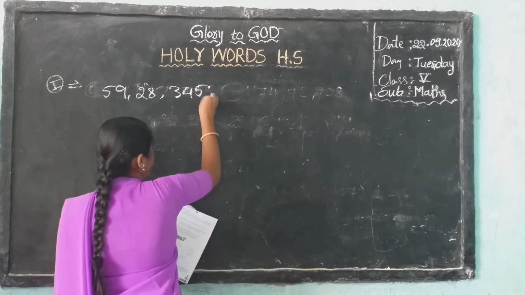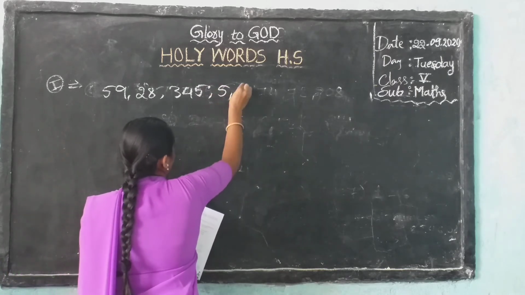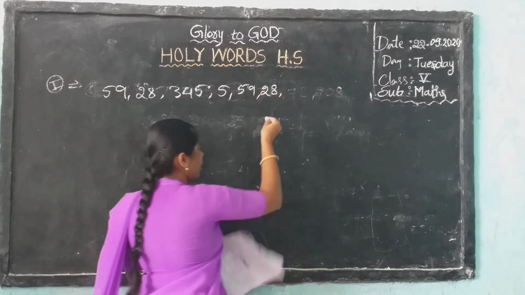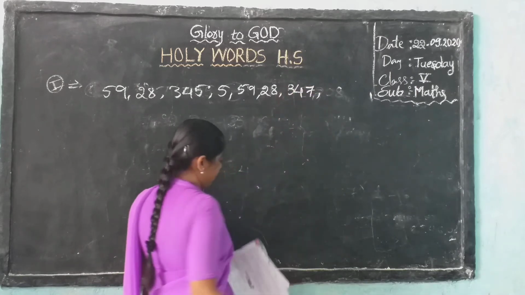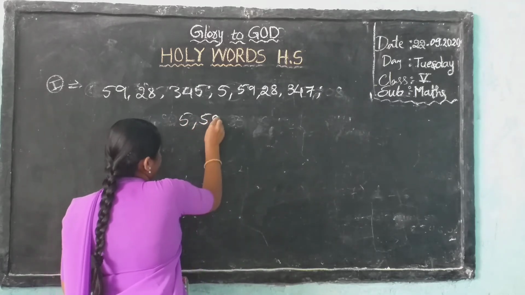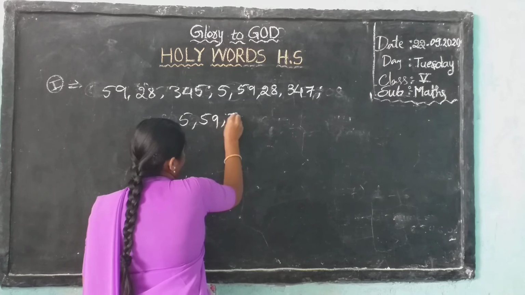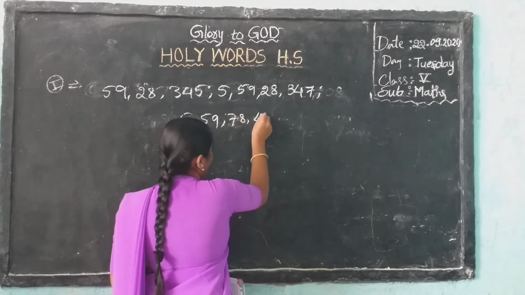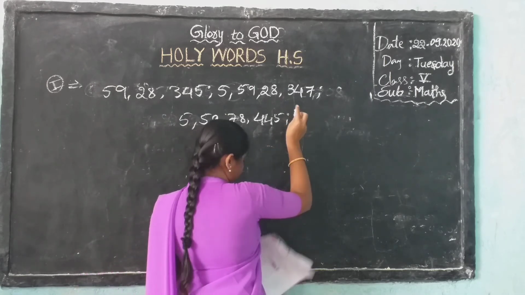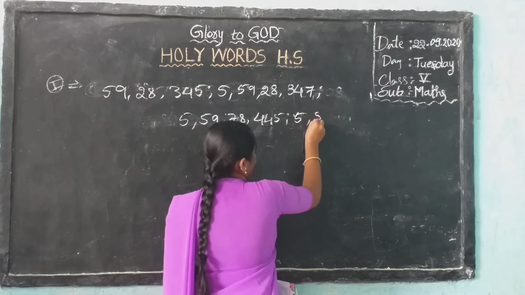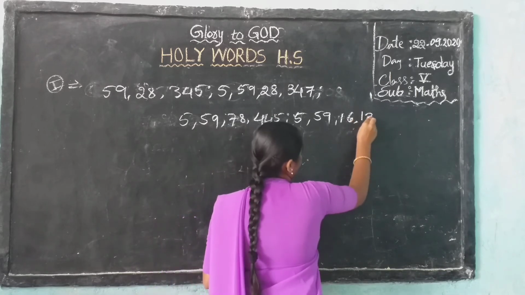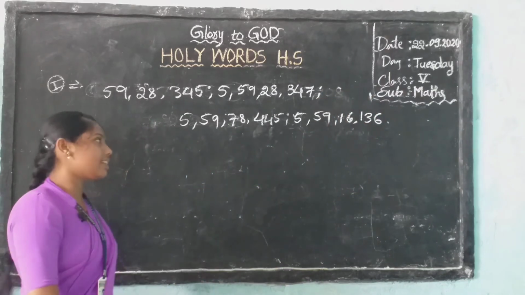And next, 5 crores 59 lakhs 28,347. And next, 5 crores 59 lakhs 78,445. And next, 5 crores 59 lakhs 16,136. Arranging in ascending order.